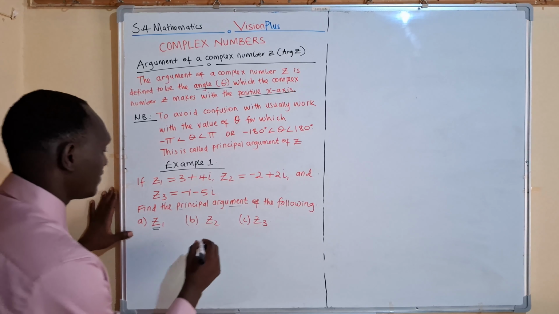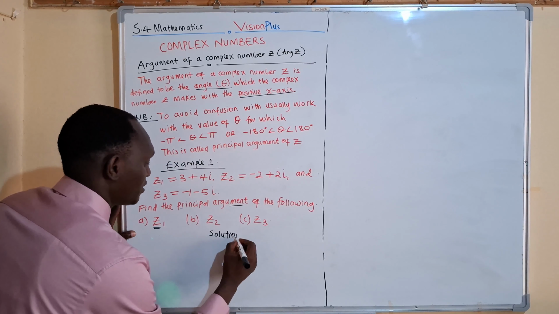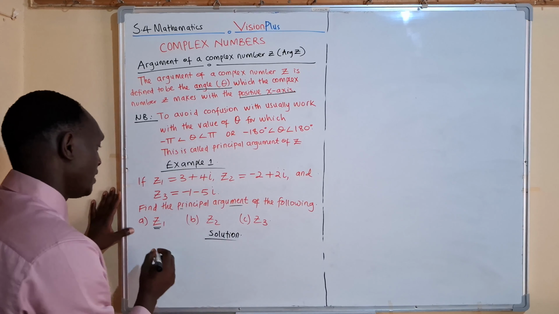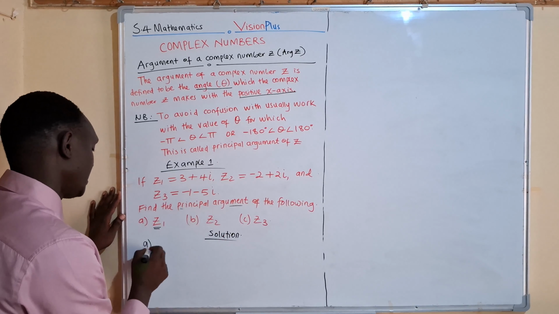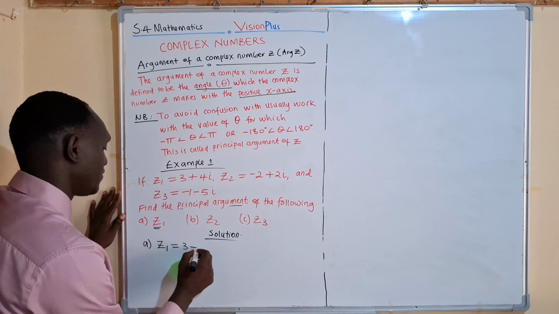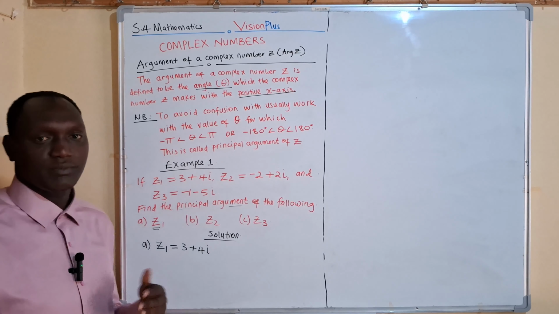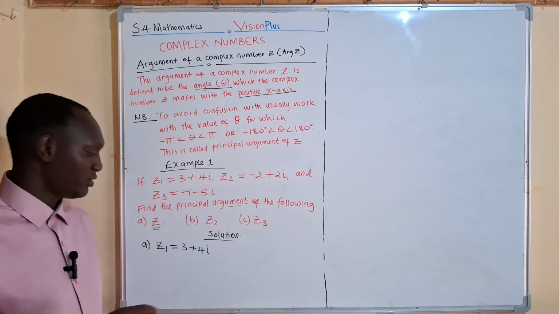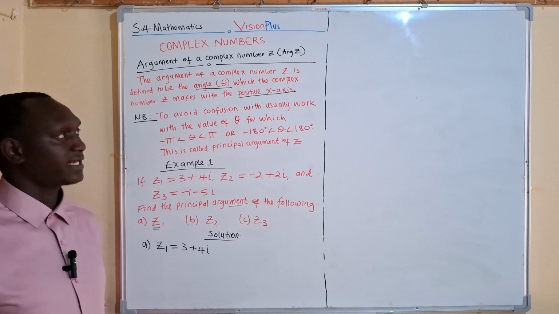Example 1 says that we are given three complex numbers, and we need to find the principal argument. So for part A, z1, which is given as 3 plus 4i, we need to find the angle that the complex number z1 makes with the positive x-axis.